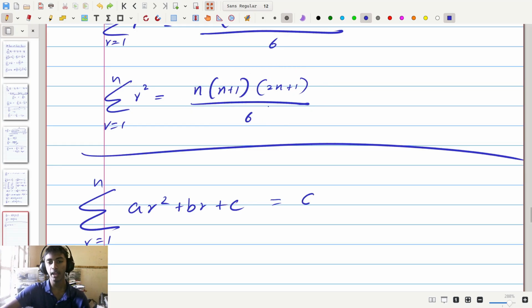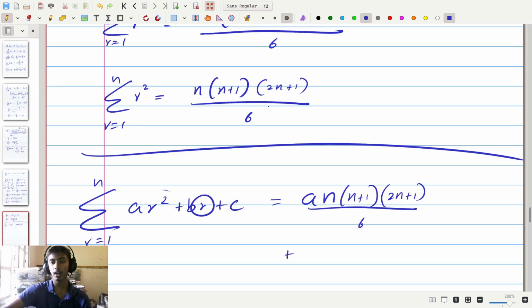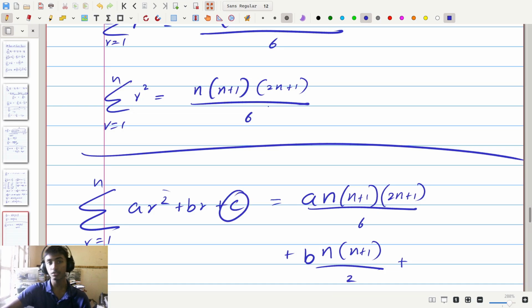We can write this as equal to a times the sum of r squared, which is n times n plus 1 times 2n plus 1 divided by 6, plus b times the sum of r, which is n times n plus 1 divided by 2, plus the constant term c times the sum of 1, which is just c times n.